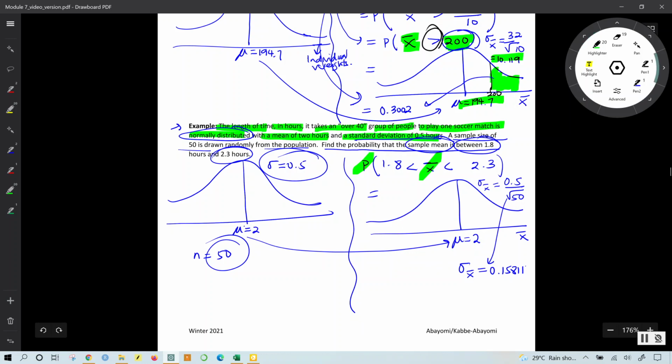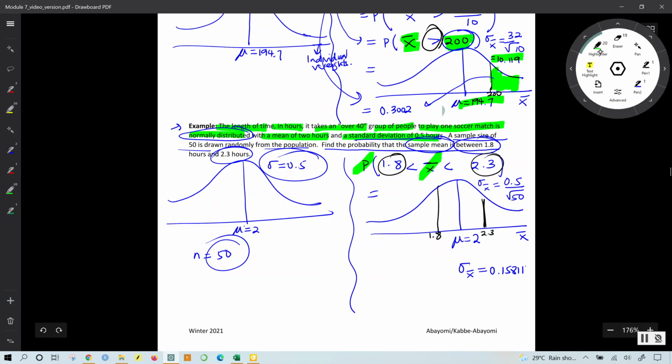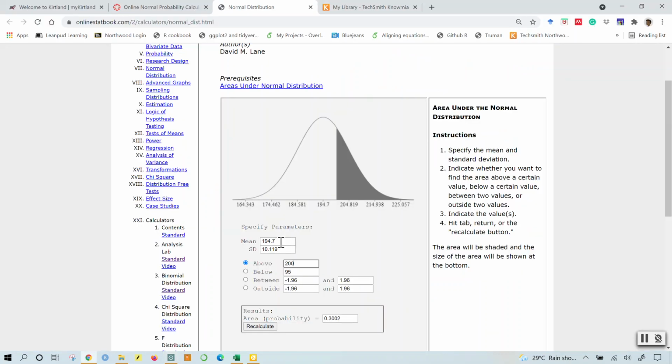Now that I have the mean and the standard error of the sampling distribution, I can focus on the fact that I want to deal with two numbers. It's 1.8, a number before 2, and 2.3, a number after 2. So let me erase this, and I would like to find the probability squeezed in between those two values. Let's go back and key in the mean and the standard deviation.